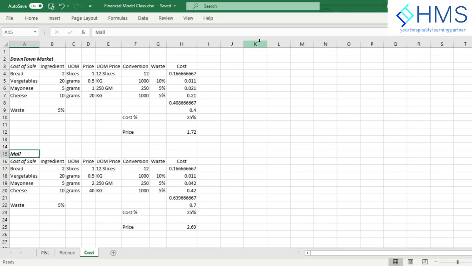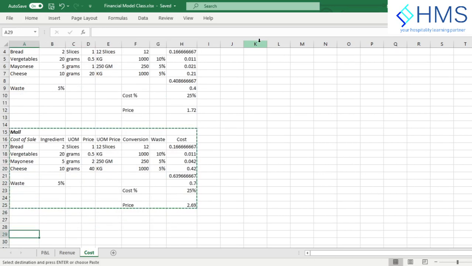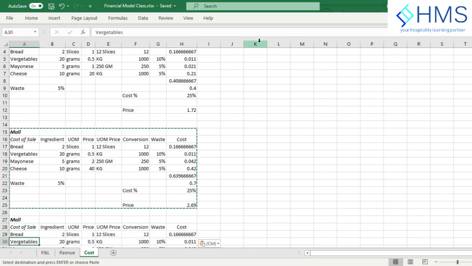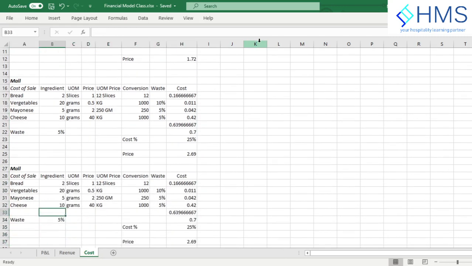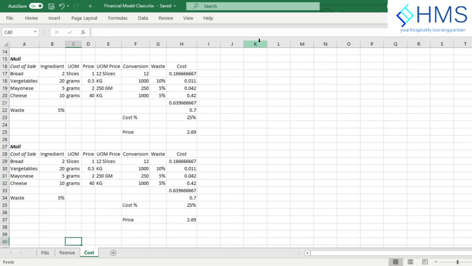And in the residential area, maybe in a different location, the vegetables, the cheese and other things may cost you slightly higher because of the freight cost and everything else. Maybe it costs you $1 or $0.75.